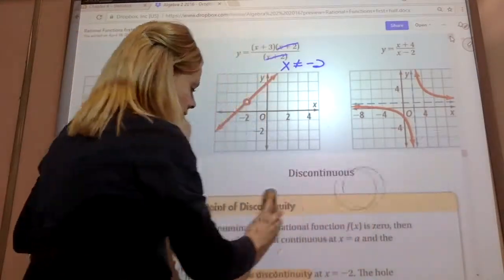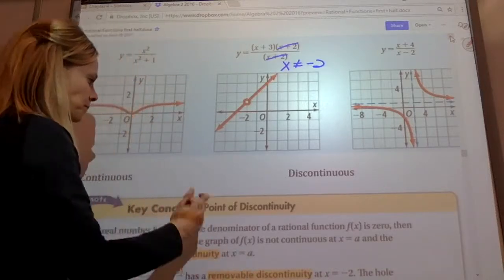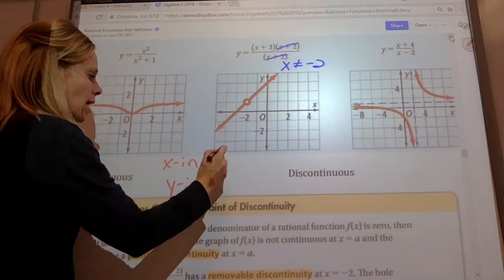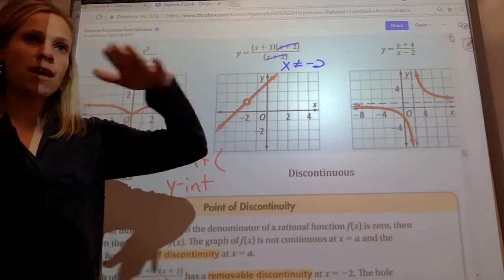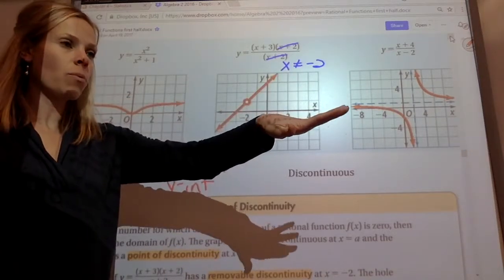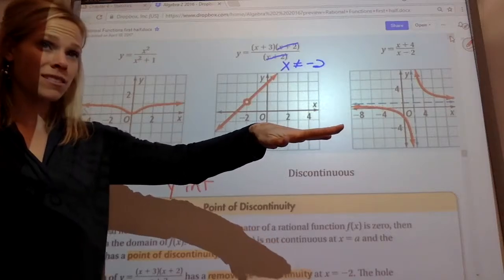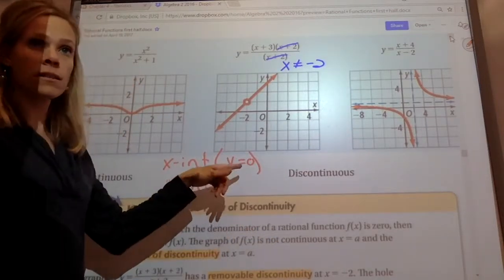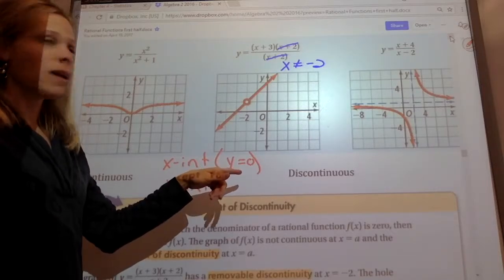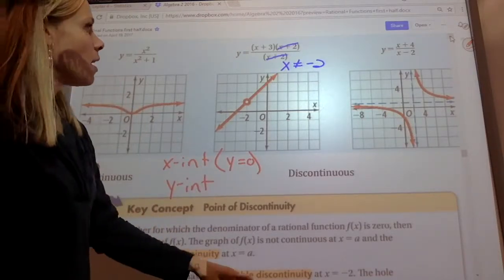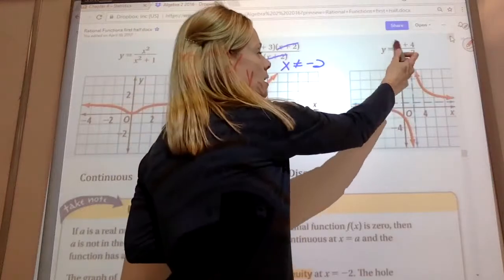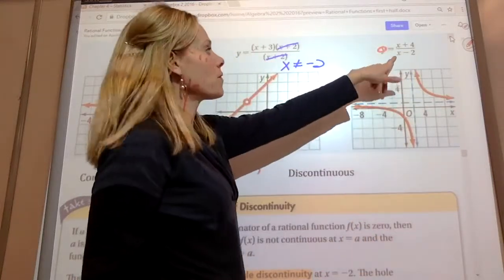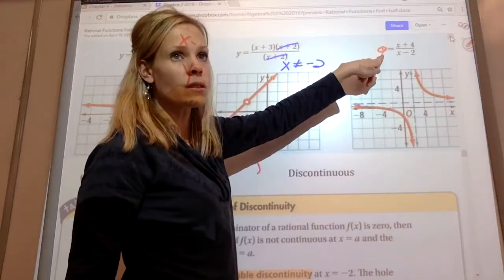One more thing I want to go over before we do an example is x-intercepts and y-intercepts. An x-intercept is when it crosses the x-axis. What do I know about all points that cross the x-axis? Y is 0. Okay? Now, when I have a function like this, and I want y to be 0, that means I want this fraction to equal 0.